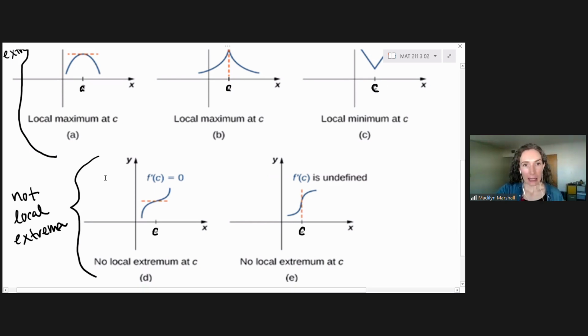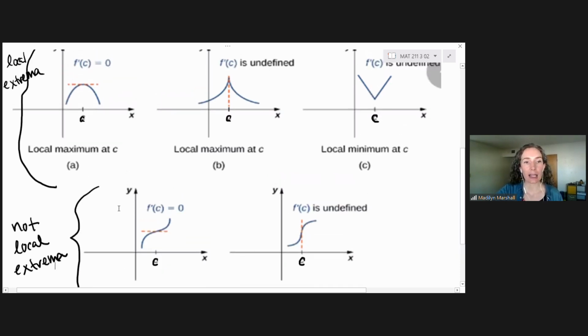And there's one thing I want to highlight about the difference between these 2 and their relationship between being local extrema or not.